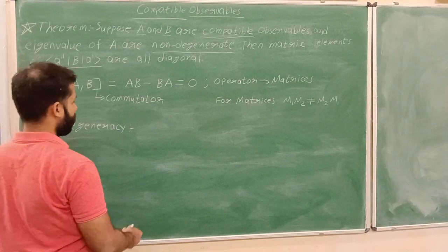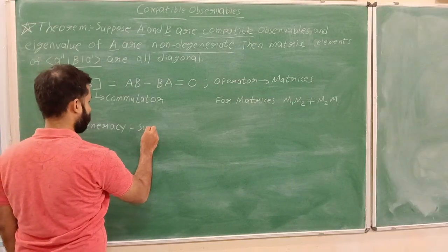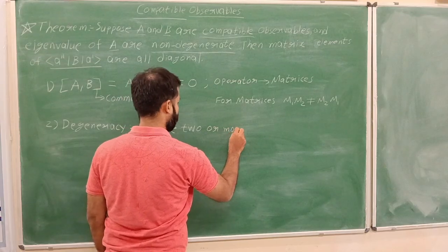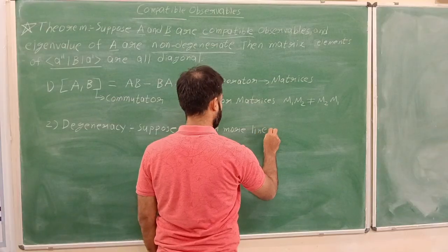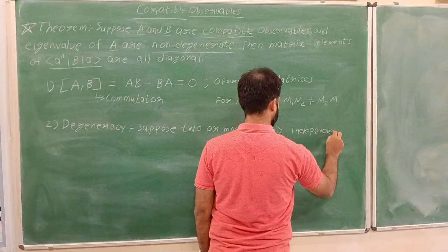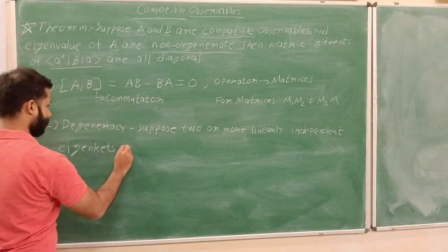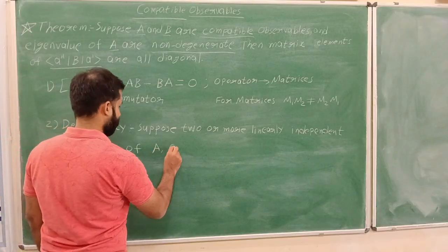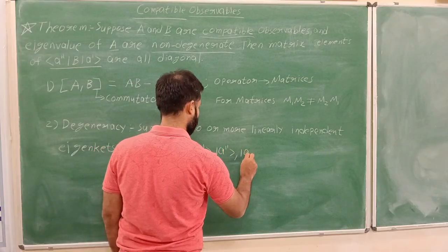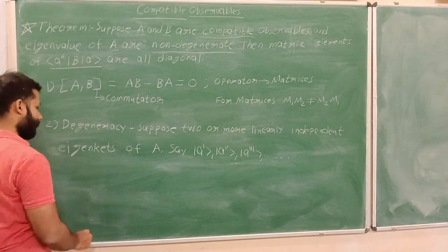Degeneracy. What do we mean by that? Suppose there are two or more linearly independent eigenkets of operator A. Since these are eigenkets of operator A, what can happen?